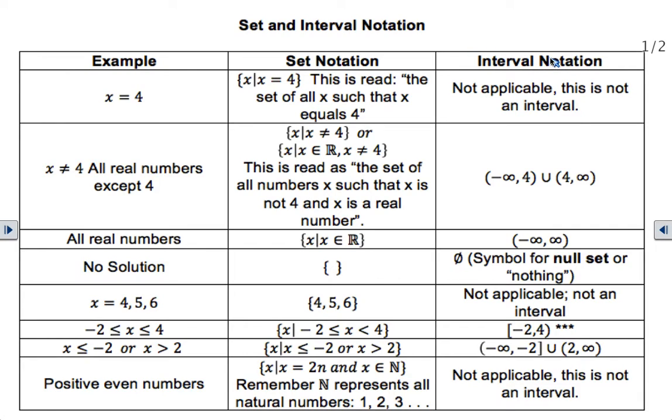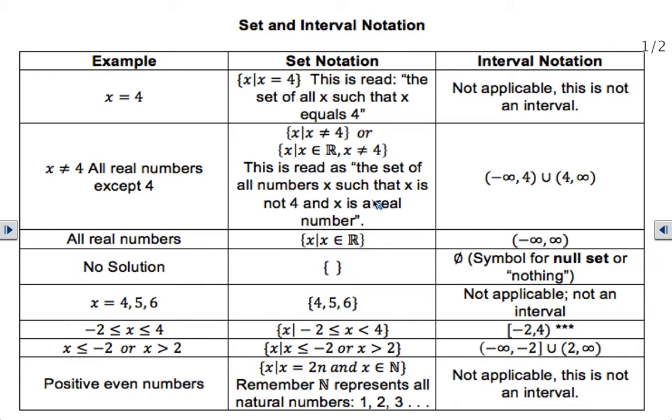Once you get into college, you might get a problem where the domain is x cannot equal 4. What would be the domain in interval notation? So you'll have to convert it to interval notation. But pretty much once you're in college, all of your answers need to be in interval notation, not set notation.